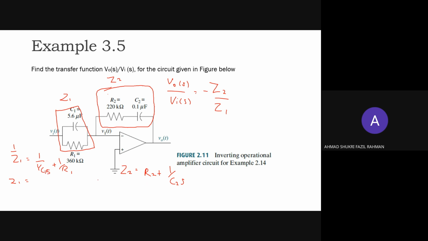So once you obtain this, you insert Z2 on the top, and then Z1 you insert on the bottom here. So Z1 would be 1 over the whole thing, C1S plus 1 over R1. So you can solve. That will give you some idea on how to solve example 3.5.